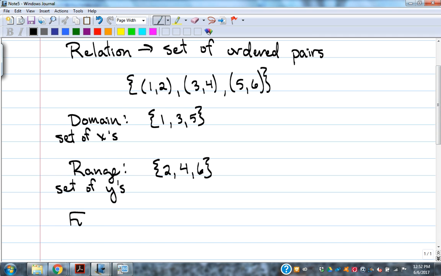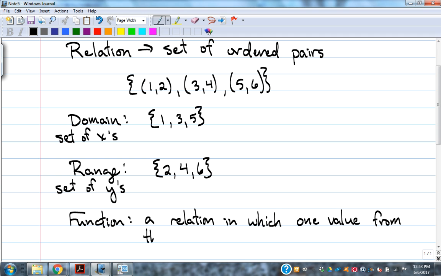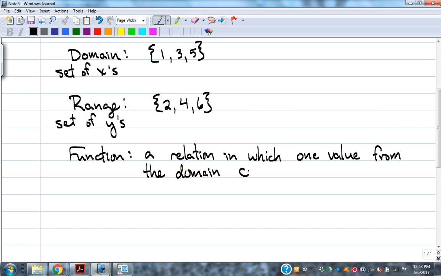Okay, so a function is a relation in which one value from the domain corresponds to one value from the range.